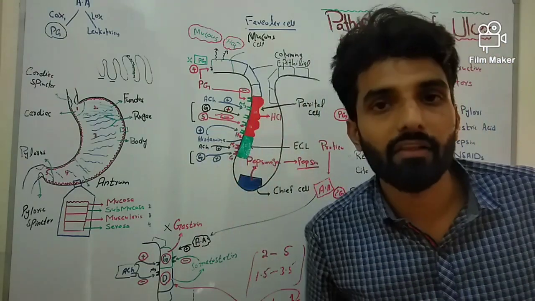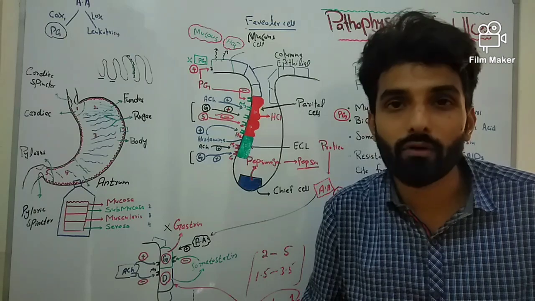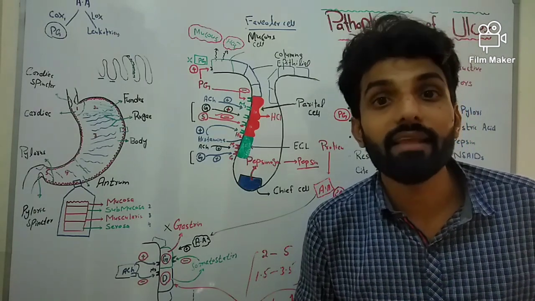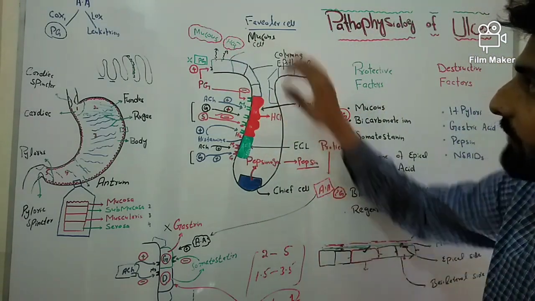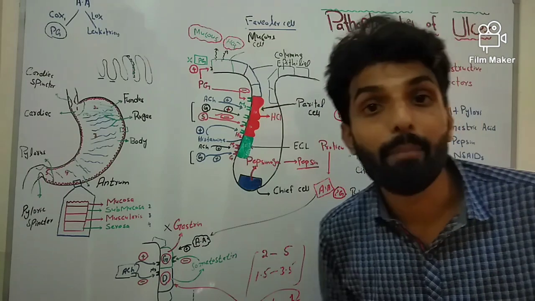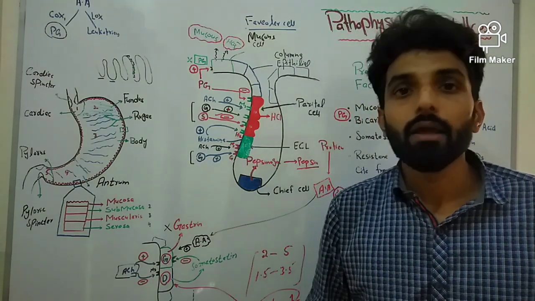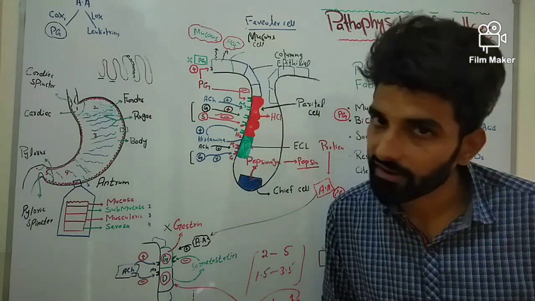These cells secrete mucus that protects the epithelial cells of the stomach from acid. These foveolar cells also release bicarbonate, and this bicarbonate neutralizes the acidic nature of HCl.